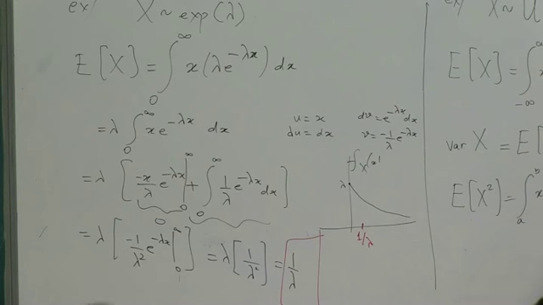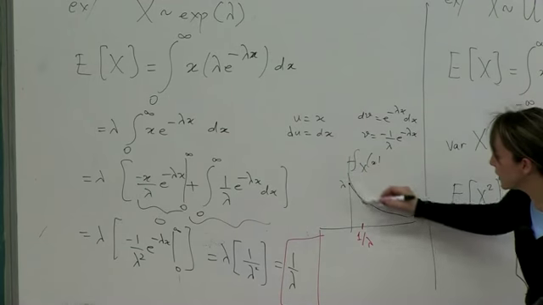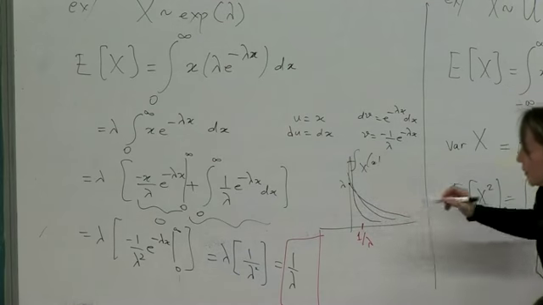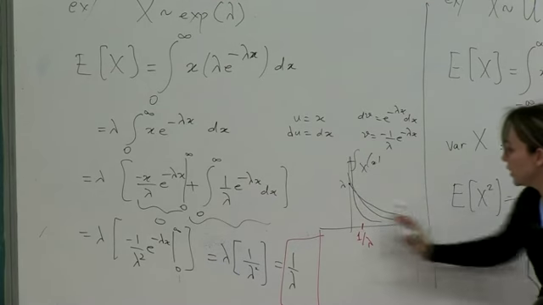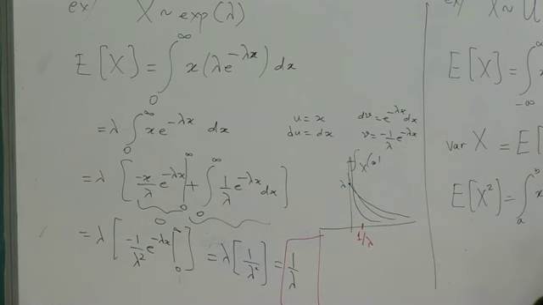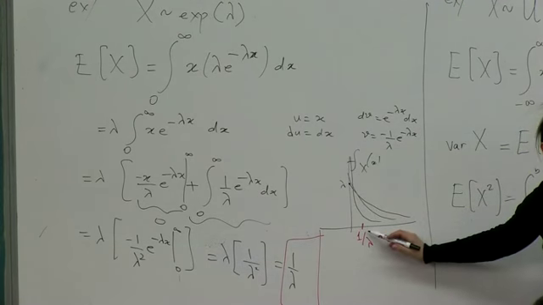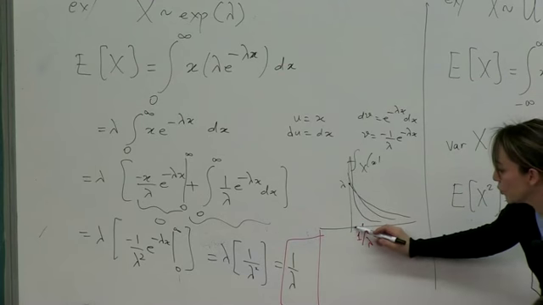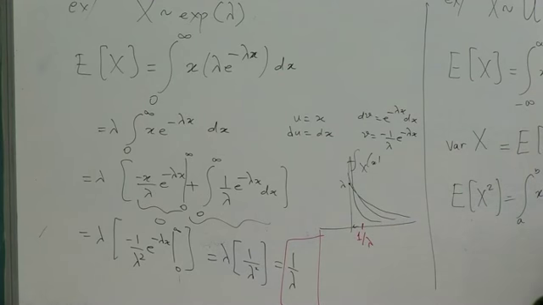Does that make sense? It decreases with lambda. So as lambda increases, what's going on? The density is becoming more and more concentrated around 0. And the expectation, which is the center of gravity, shifts towards 0, which makes sense. So this is quite intuitive.